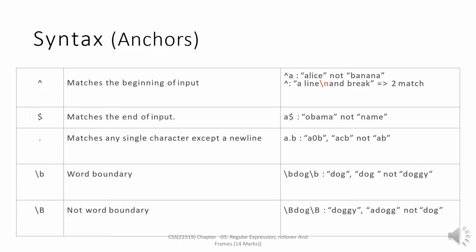Then dot matches any single character except a new line, for example a.b matches a0b, acb, not ab. Then \b is a word boundary: \bdog\b matches dog, comma dog, or doggy. \B is not a word boundary.